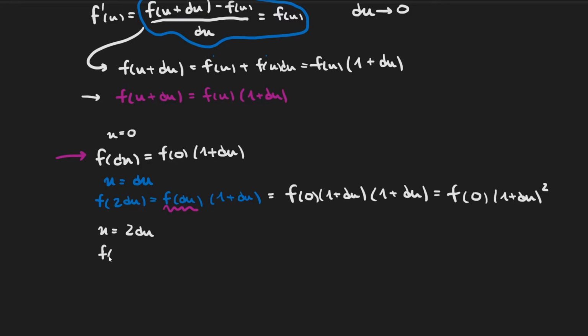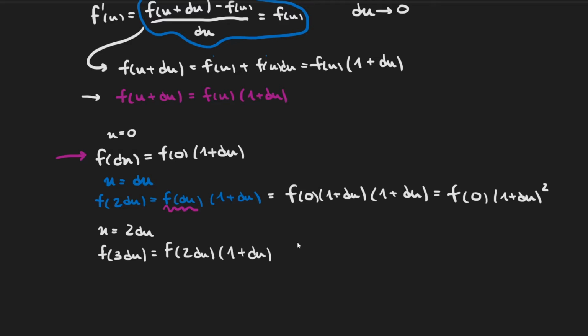We can even try a third evaluation, this time at 2dx, and what we get is f(3dx) equal to what? Let's substitute here: f(2dx)(1 plus dx). Because if you put 2dx in place of x, we get 3dx on the left and 2dx here, so all is correct.